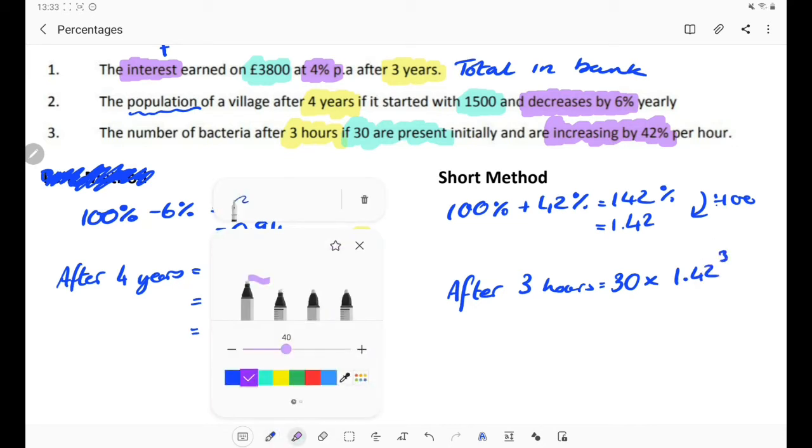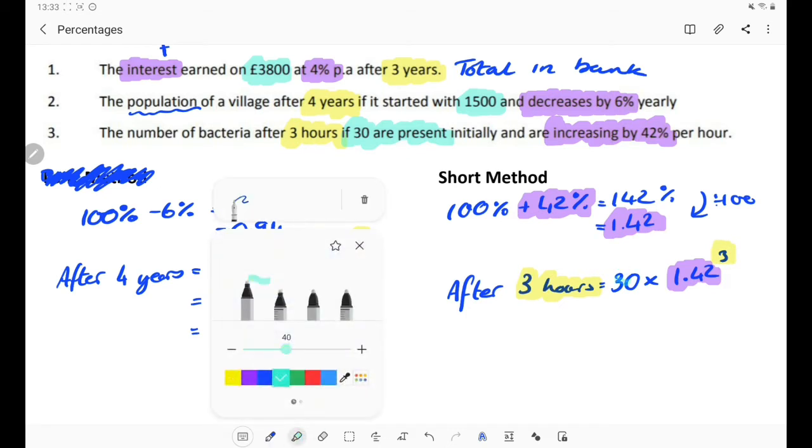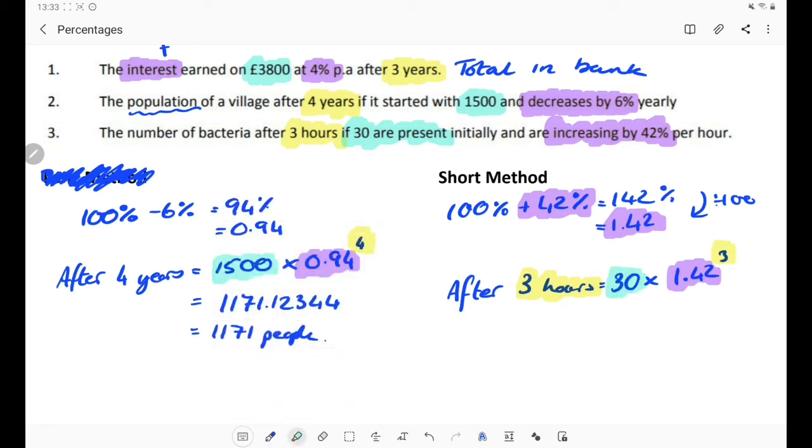So we're again looking at where that comes from, increasing by 42%. We've added the 42, that's given us our decimal, and that's gone straight into the calculation. 3 hours came straight from the question, and the amount also came straight from the question.